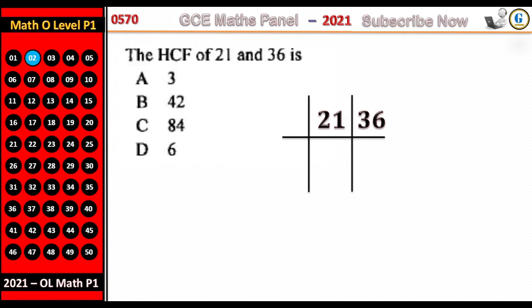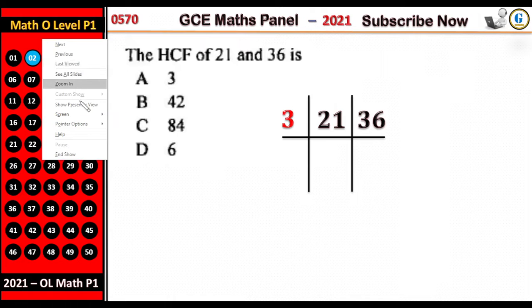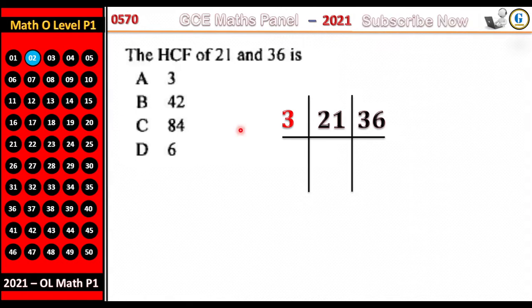For 21 and 36, the common factor is 3. 21 divided by 3 gives us 7. Then we have 36 divided by 3, which gives us 12. There is no other common factor, so the highest common factor here is 3. Our key is 3. The HCF of 21 and 36 is 3.